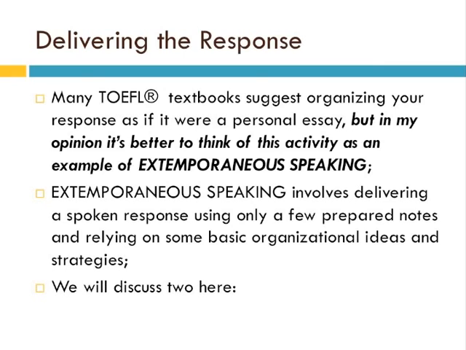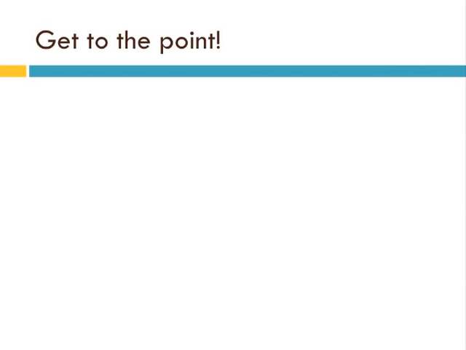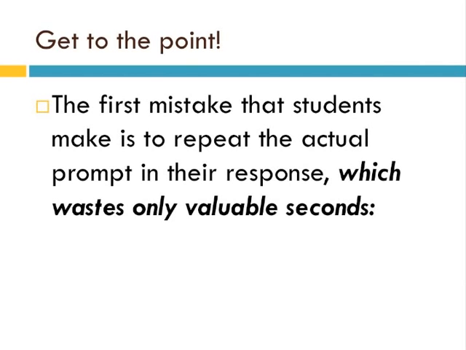Now, we're going to discuss two basic strategies here. The first one, I think, is perhaps more a piece of advice than just an actual strategy, which is getting to the point. Many students actually have problems with repetition. The first mistake, really, is that students want to repeat the actual prompt in their response, which in this case wastes valuable seconds.